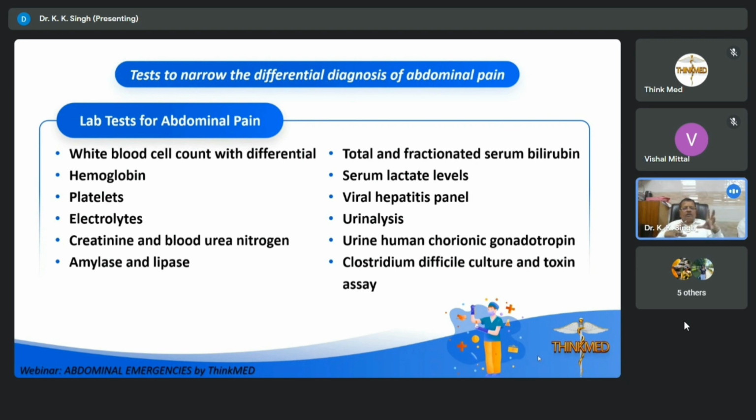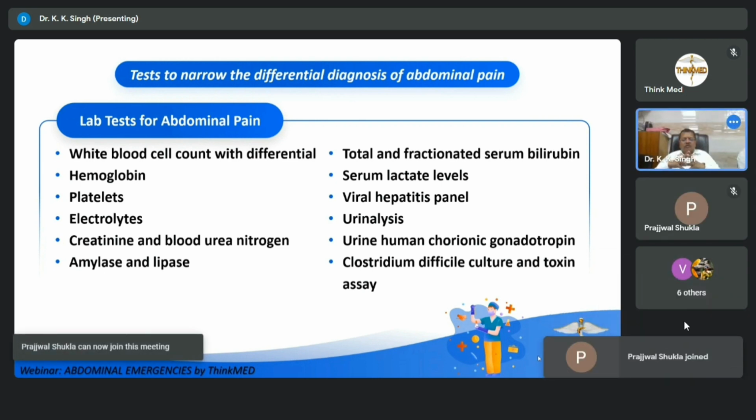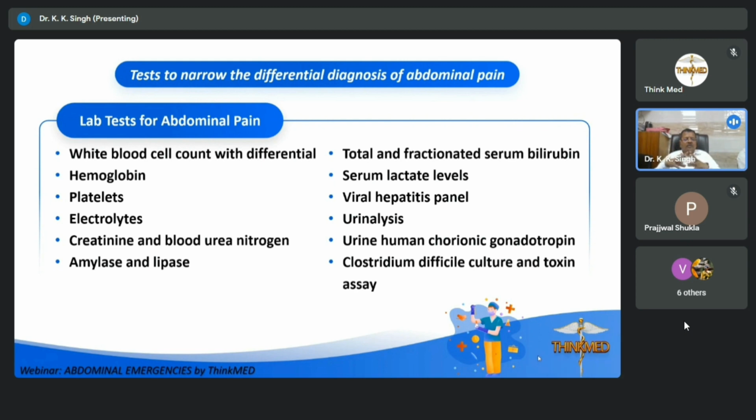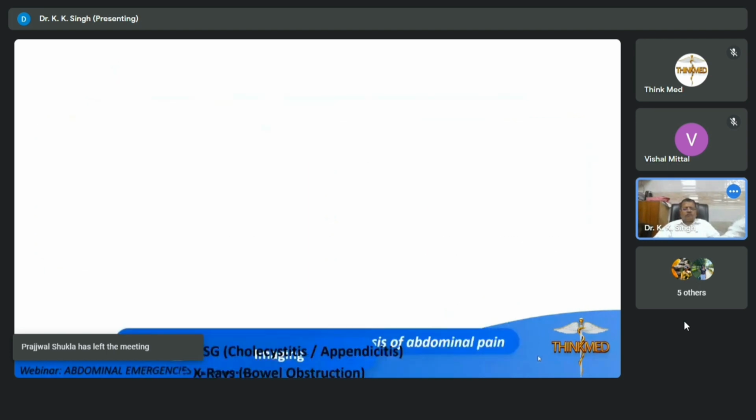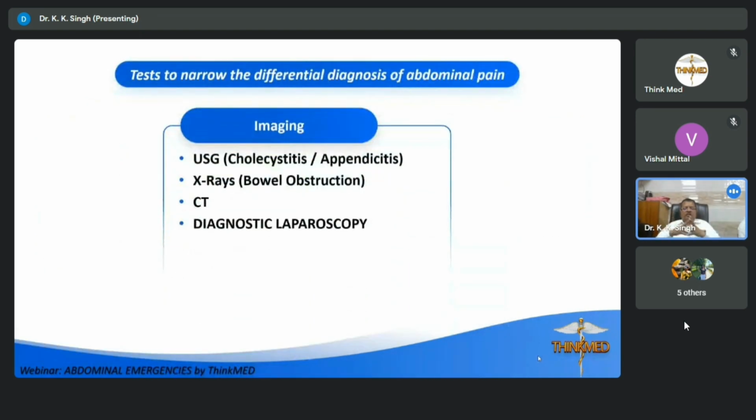If WBC is increased, you will suspect infection. If bilirubin is increased and there is pain, you will suspect obstructive jaundice. If amylase and lipase are increased, you will suspect pancreatitis. If electrolytes are disturbed, you will suspect paralytic ileus. So these are the tests.